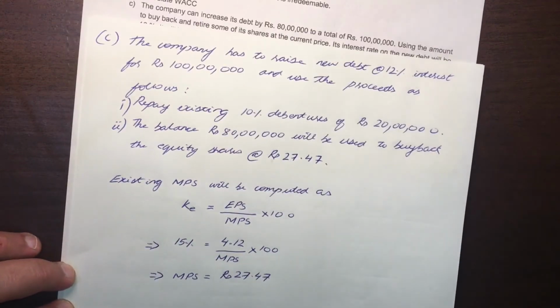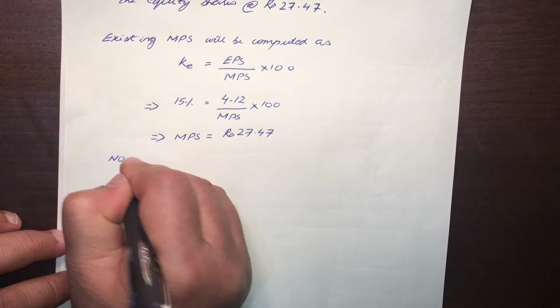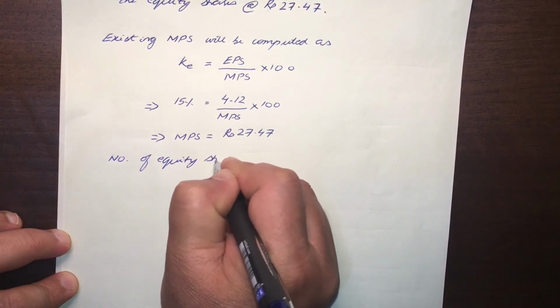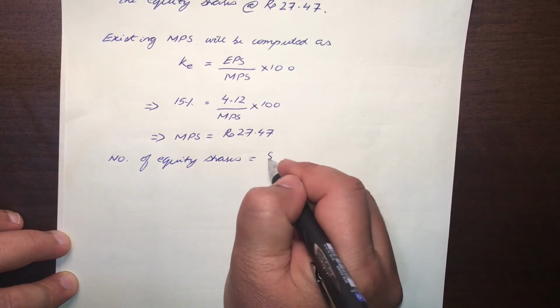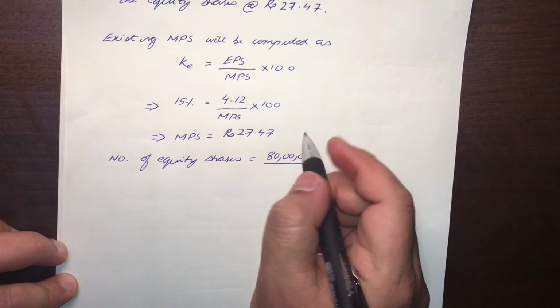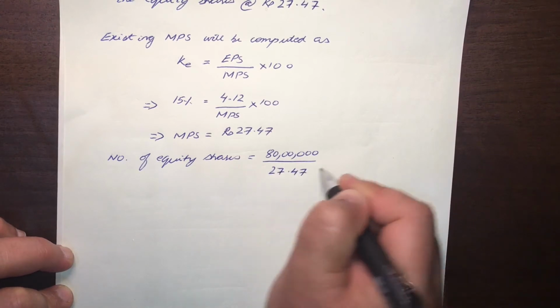All right, now how many shares can it buy back? So number of equity shares is equal to 80 lakhs. Remember, the remaining 80 lakhs you'll use to buy back some of the shares at the rate of 27.47.